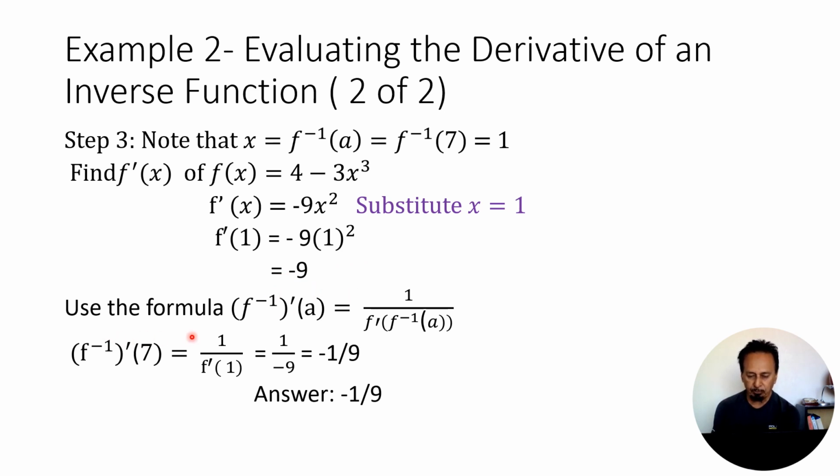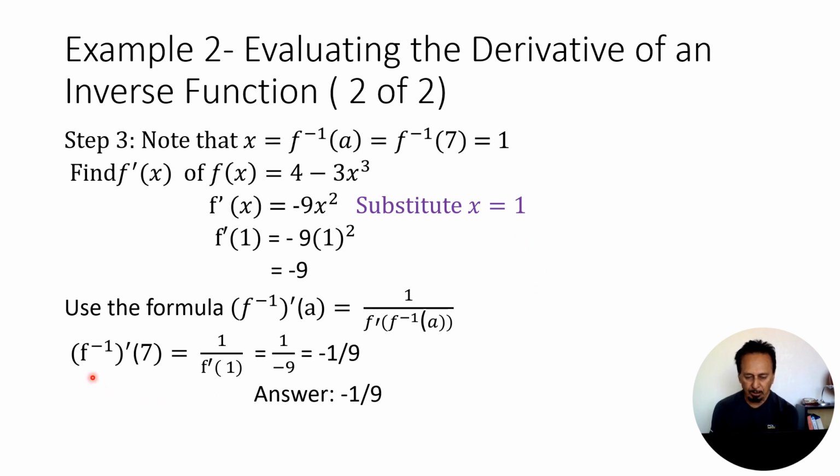Now we use the formula: the derivative of f inverse evaluated at a is 1 over the first derivative of f evaluated at f inverse of a. And we know f inverse of a is 1.